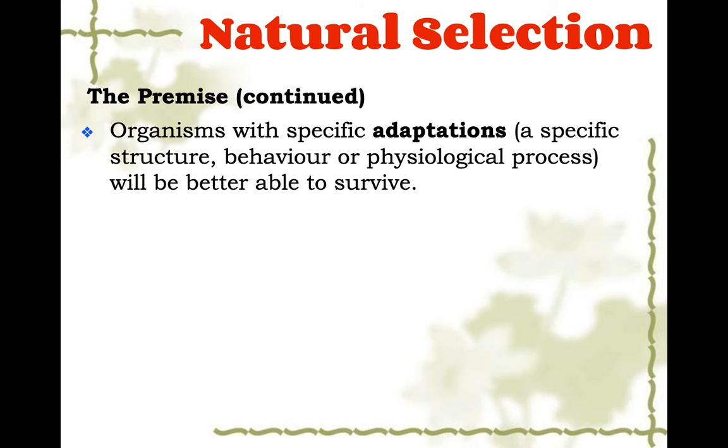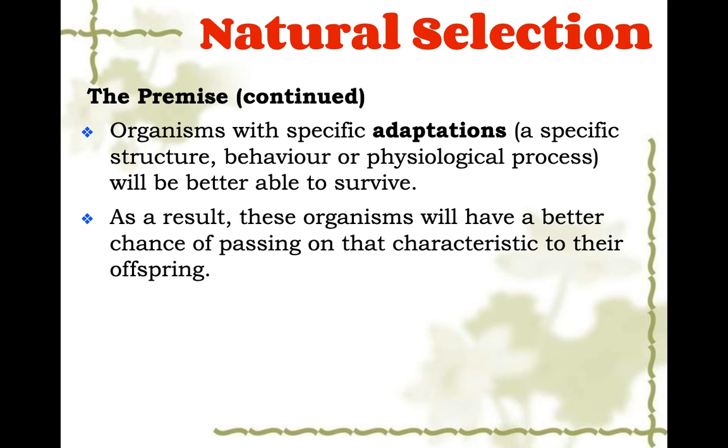And because that struggle for survival is happening, organisms that have specific adaptations, so a specific structure, specific behavior, a specific physiological process, the organisms that have those adaptations will be better able to survive.